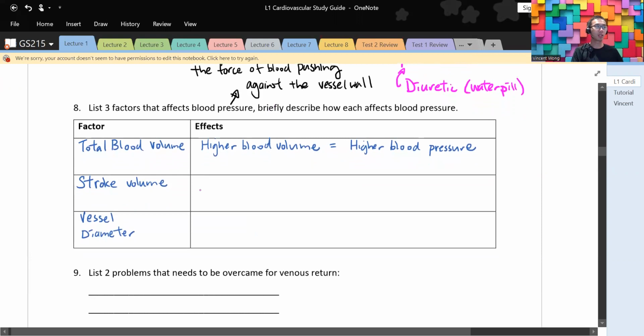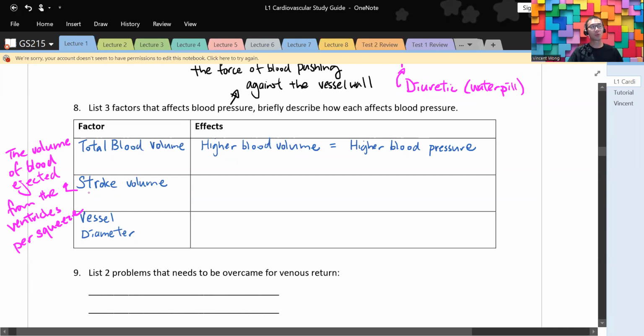Next, stroke volume. What is stroke volume? I'm just gonna help you define that in case you've forgotten. Stroke volume is the volume of blood ejected from the ventricles per squeeze.